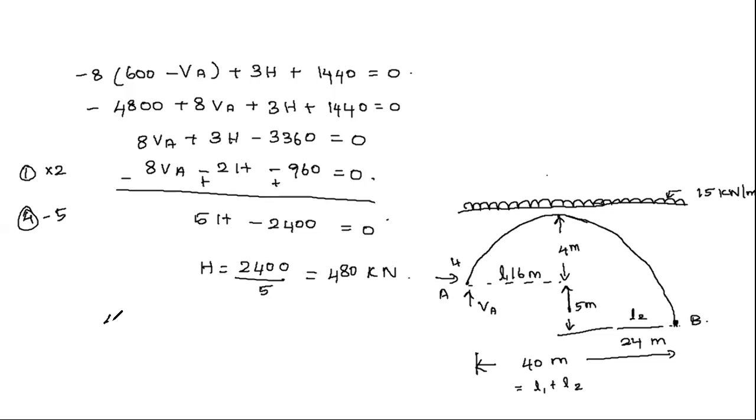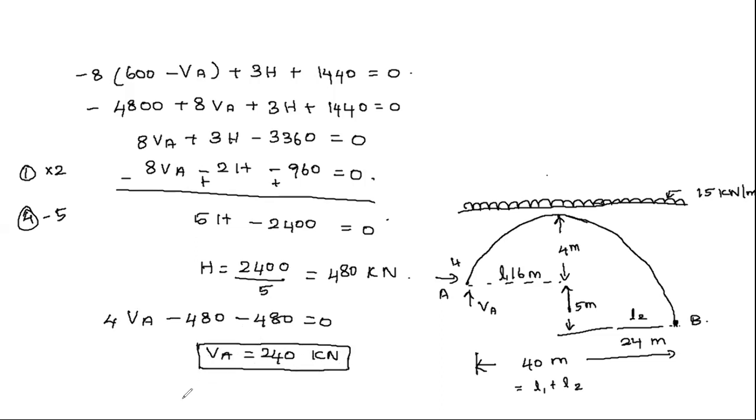Substituting in equation 1, 4 VA minus 480 minus 480 is equal to 0, VA is 240 kilonewton. Now we find the value of VB. We know VA plus VB is equal to 600, which implies VB is equal to 360 kilonewton. So now we have found the values of VA, VB and H.